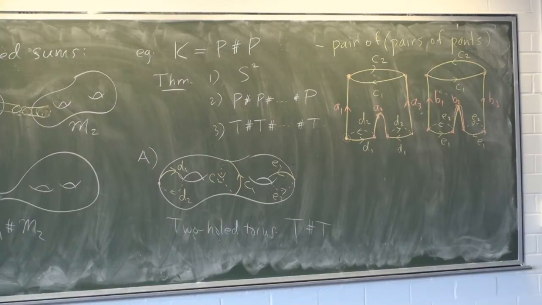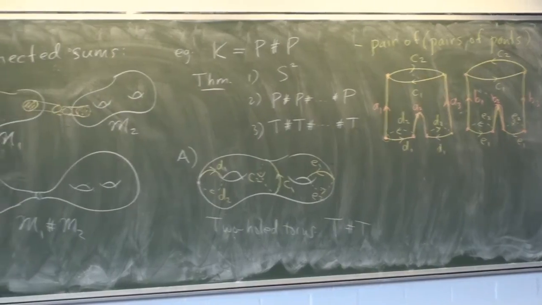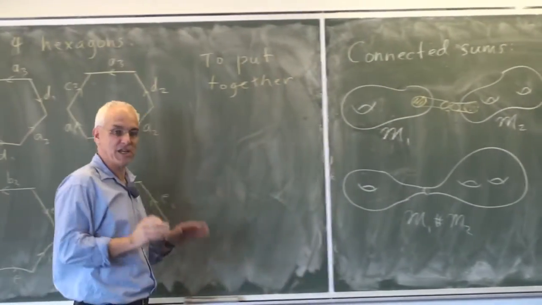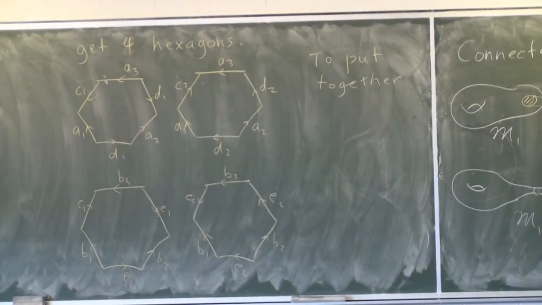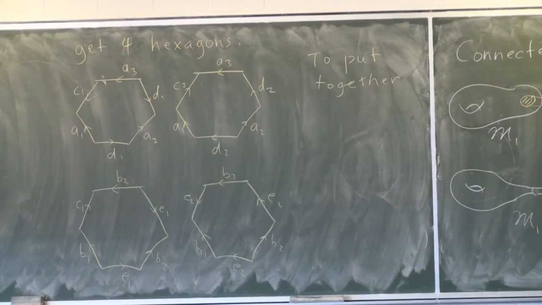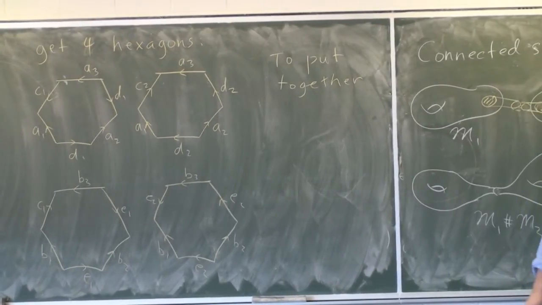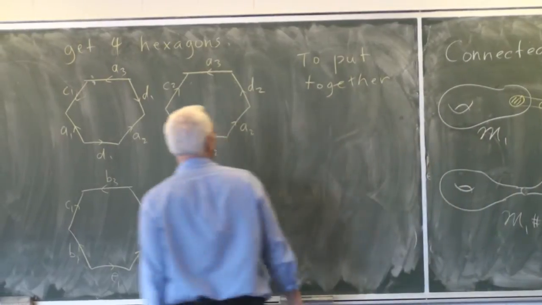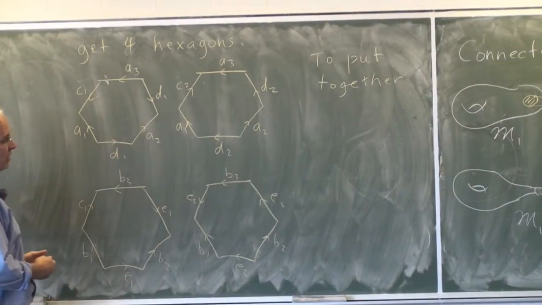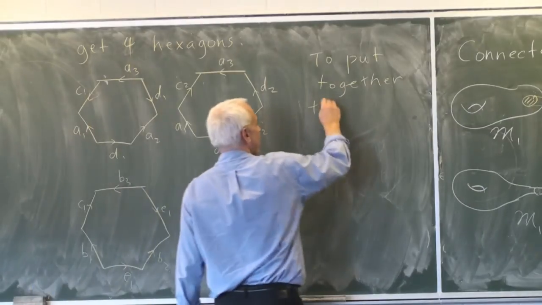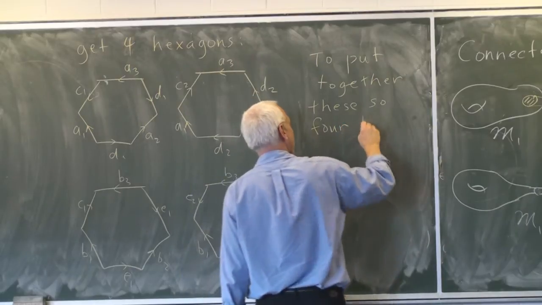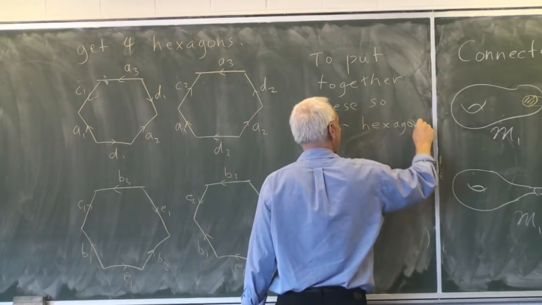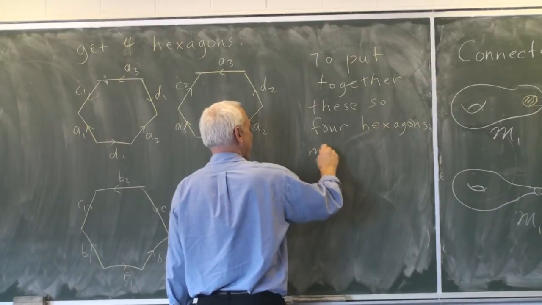So to put these together in a geometrically homogeneous way. What we were interested in is, this is obviously not very homogeneous geometrically. So we want to give it a uniform geometry. Then what we want is to put these hexagons together so that 4 hexagons or hexagon corners meet at a point.